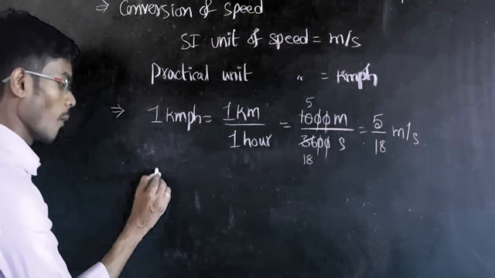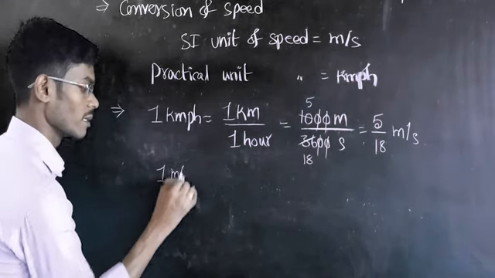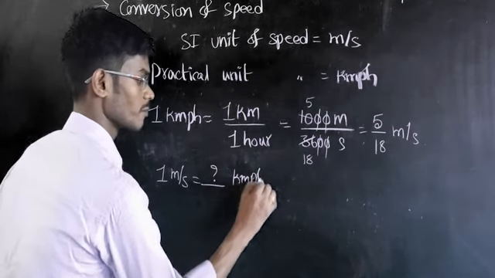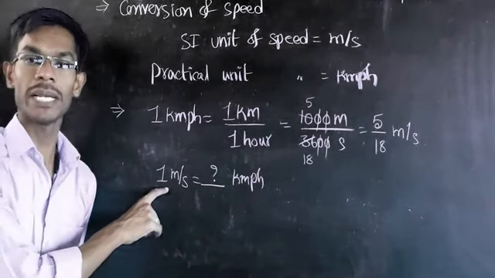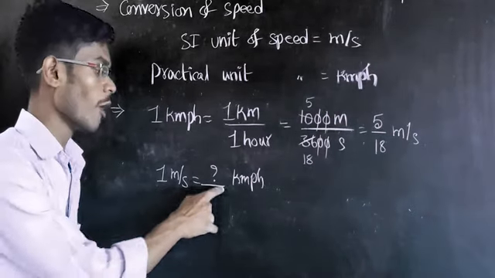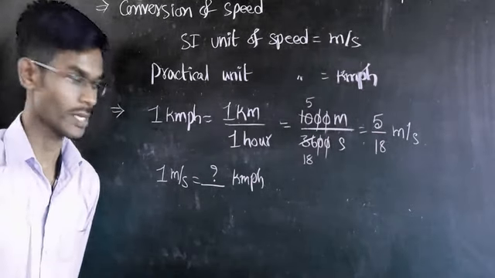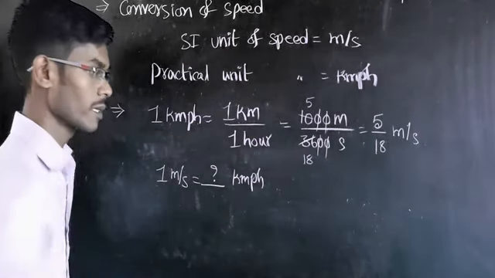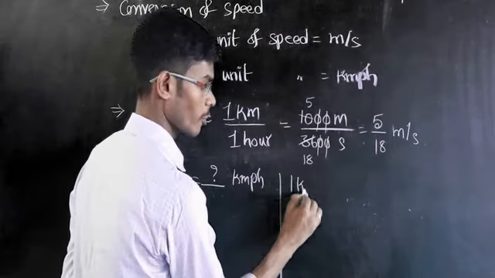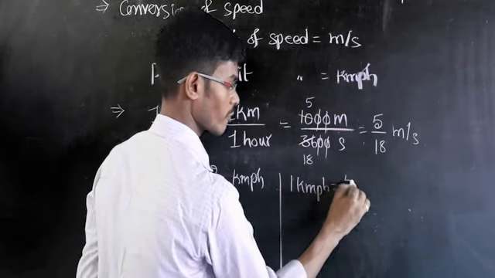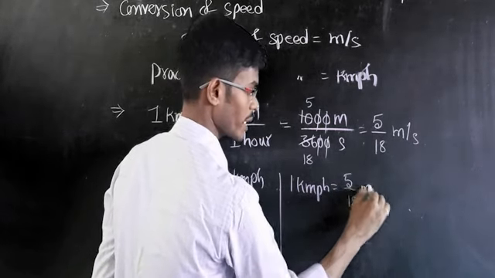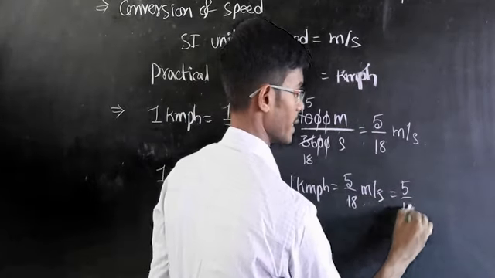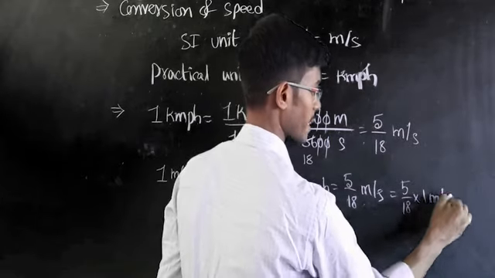Then 1 meter per second is equal to how many kilometer per hour? There is a question. We know that 1 kilometer per hour is equal to 5 by 18 meter per second. This 5 by 18 meter per second can be written as 5 by 18 into 1 meter per second.